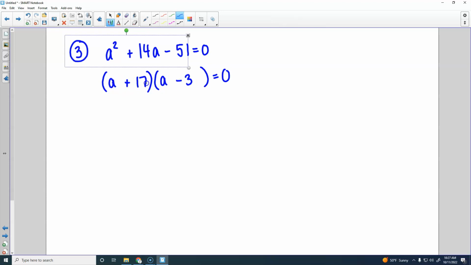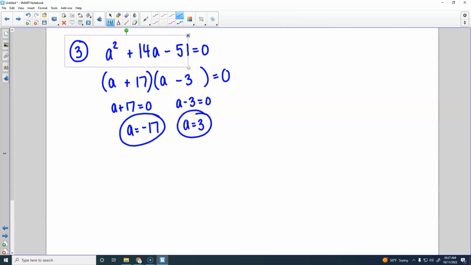You can factor positive 17, negative 3. Remember, those are not the answers. That's just the factoring. You've got to set each one equal to 0 here, which you probably skipped doing that step. So you should get negative 17 and 3 as your answers there.